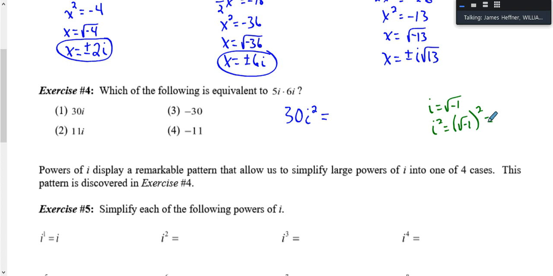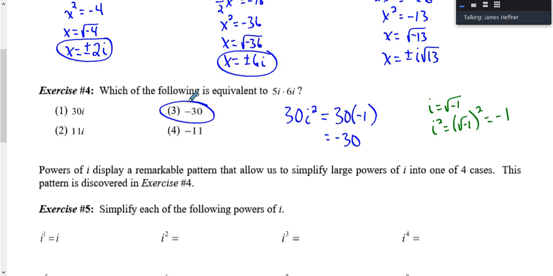What's the square root of -1 squared? It's -1, right? So 30i squared is 30 times -1, right? You with me? I squared is -1. So the answer here is -30. Okay, you with me there?